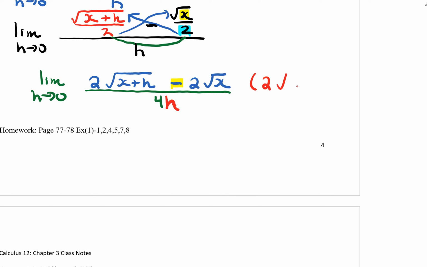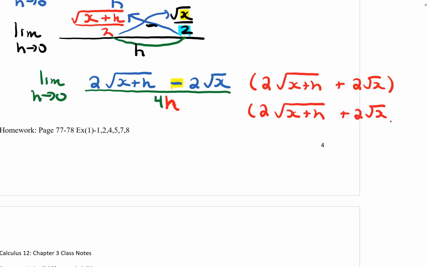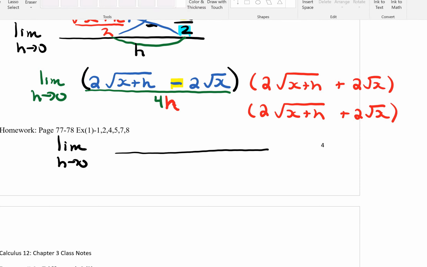So 2 times the square root of x plus h, plus 2 root x. So we're multiplying the top and bottom by the conjugate. All right, and then in order to do that, let me just put a bracket here. If you remember some of the strategies from last chapter, when you're looking at these conjugate problems, the part that's not the conjugate is really the denominator, right?